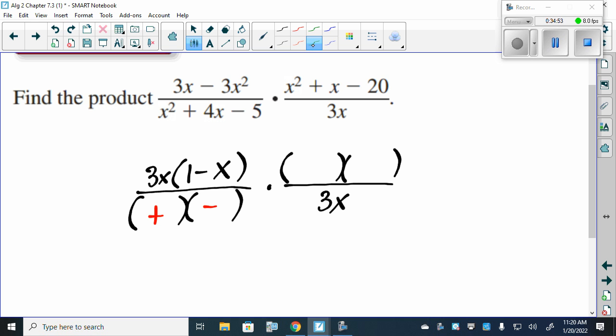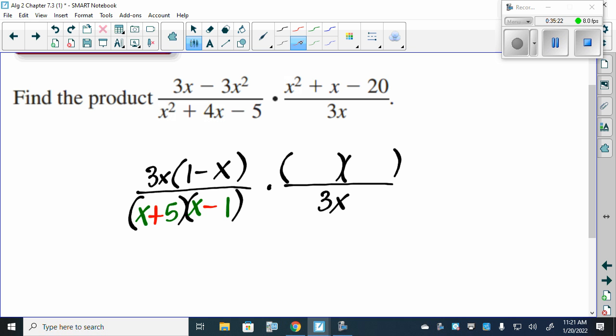Now the factors of x squared would be x and x, because that's the only set of factors. And the only set of factors for 5 are 1 and 5. The 5 would be positive and the 1 would be negative. And we could go back and check it and see that this does give us a middle term of 4x. So these are the correct factors.